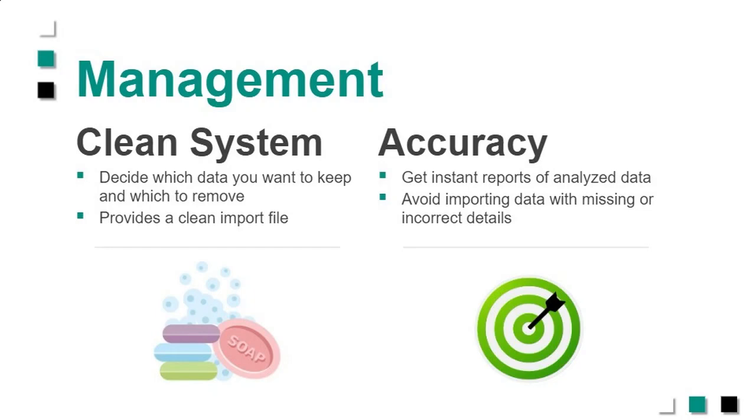Now, keeping your system clean is very important. It's getting more and more important, as I mentioned, with people using things like P6 Reporter to snapshot their data and then put it out to corporate dashboarding like Power BI, Tableau, etc. So you've got to keep your system clean. And of course, the accuracy is hugely important.